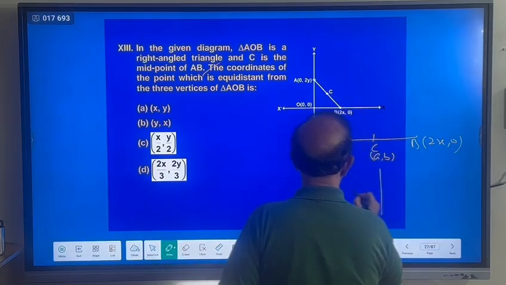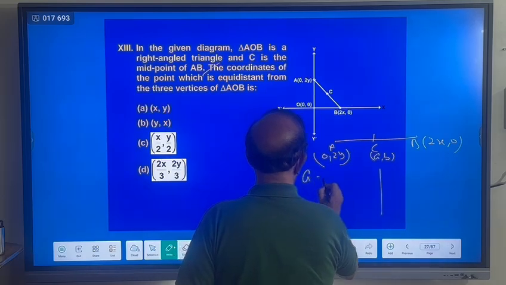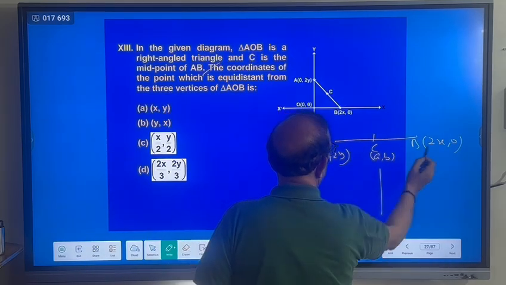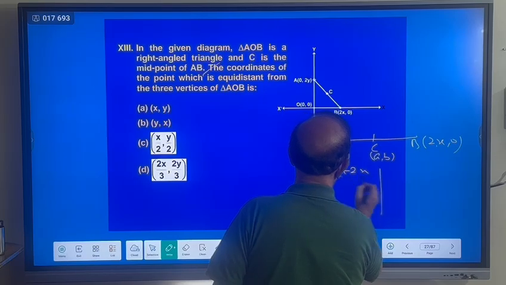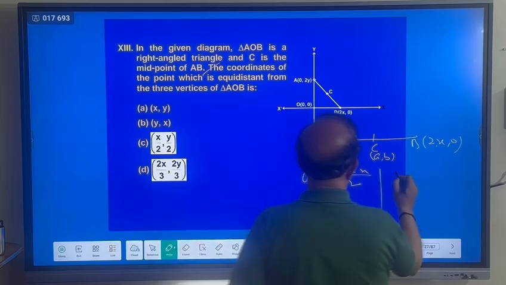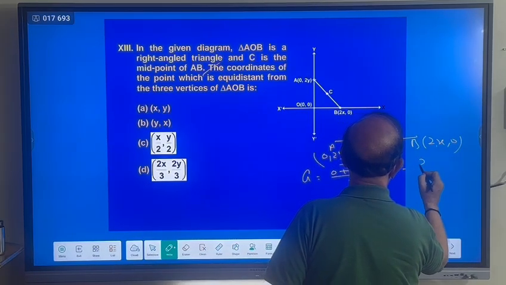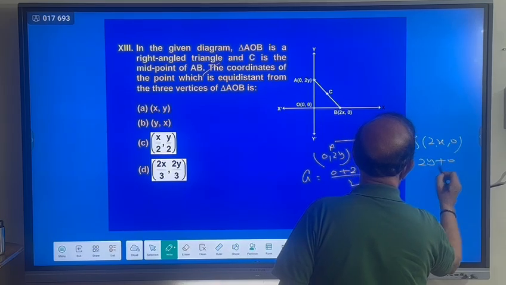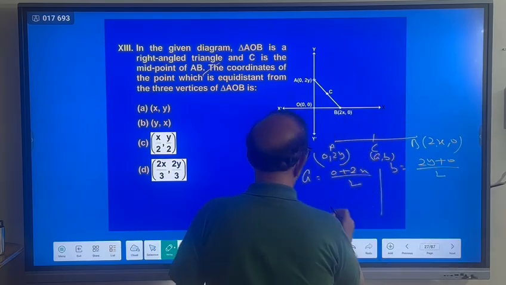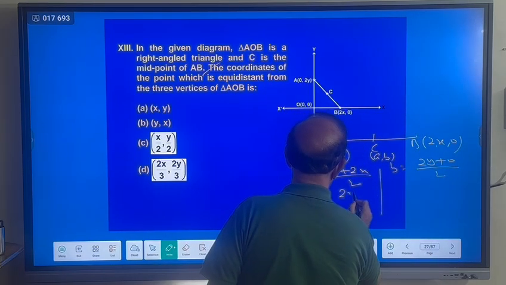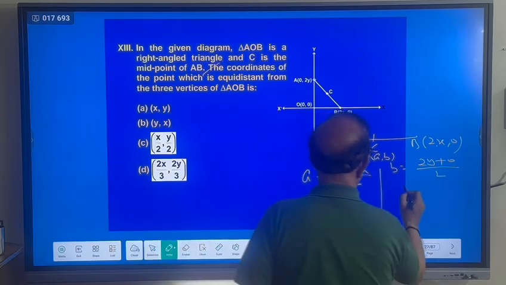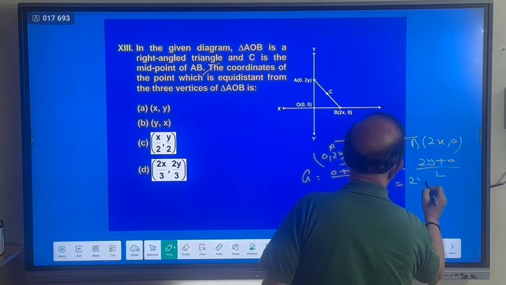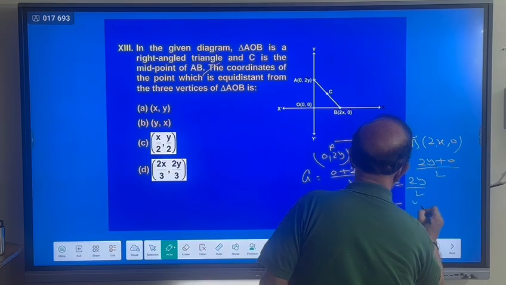By midpoint formula, a is equal to (x1 plus x2) upon 2, and b is equal to (y1 plus y2) upon 2, which is equal to 2x upon 2, which is equal to x, and b is equal to 2y upon 2, which is equal to y.